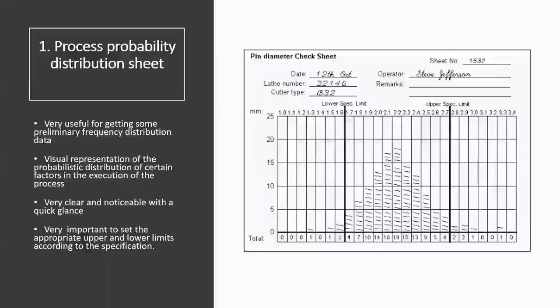Okay. Number 1, process probability distribution sheet. Here we are going to use this to recognize the preliminary frequency distribution data. That means you can get a count for each and every factor or levels.